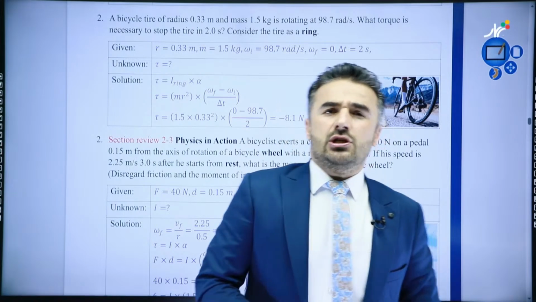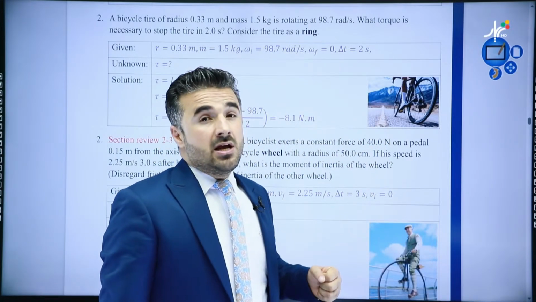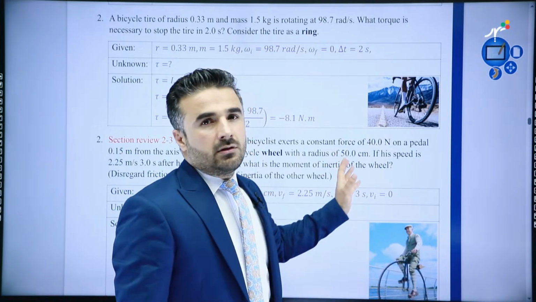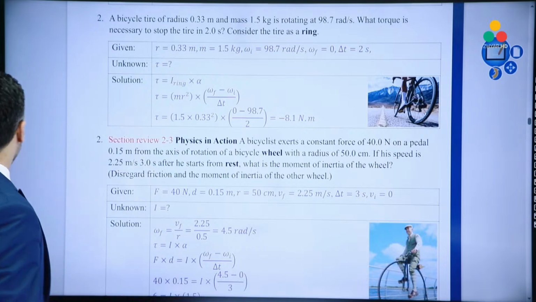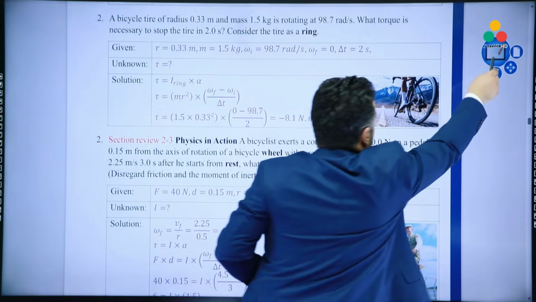Why is the question telling us about this? Whenever it tells you to consider the tire as a ring, that means you have to use the moment of inertia of a ring to answer this question. So let's begin.